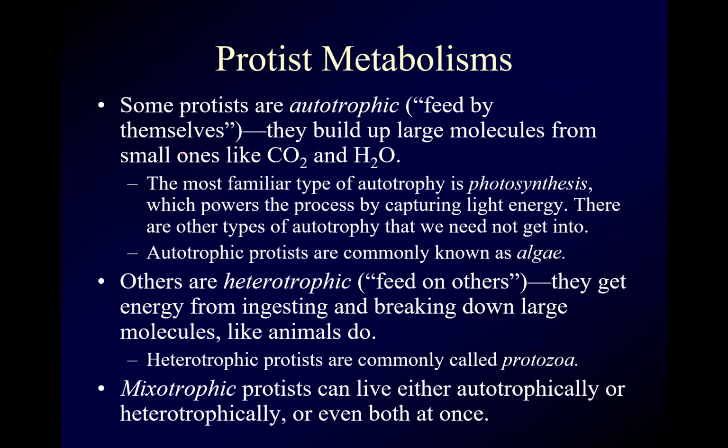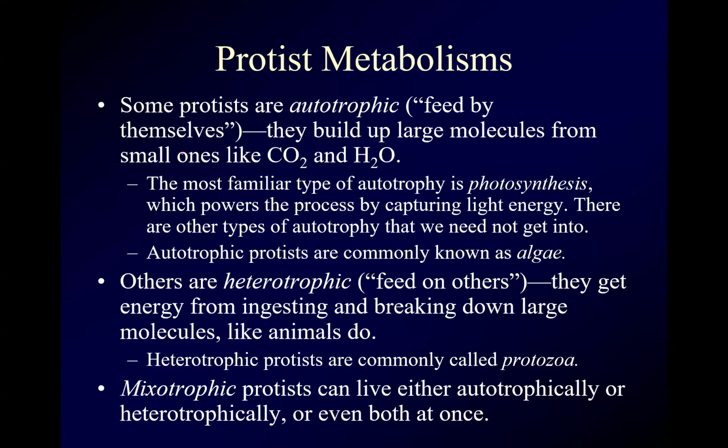All of the protists that you've just seen, Chlamydomonas and Spirogyra and the sea lettuce seaweeds, feed by themselves. They're called autotrophic because they survive by building up large molecules out of small ones, like carbon dioxide and water. And this life cycle is called autotrophy. The most familiar type of autotrophy is photosynthesis.